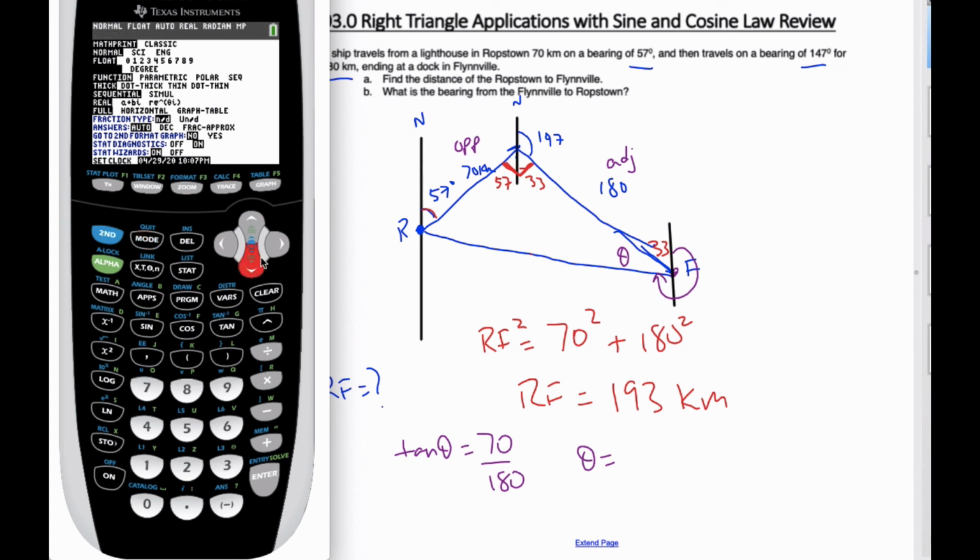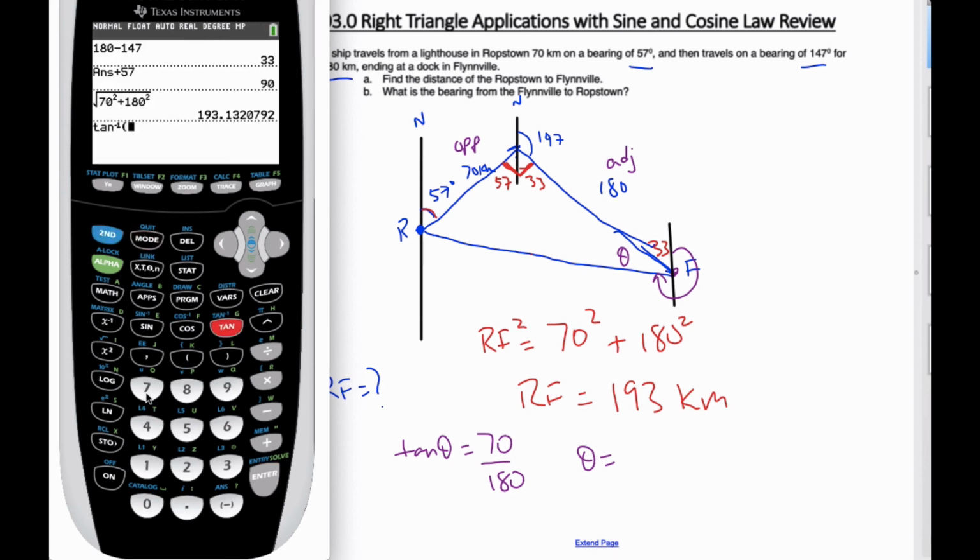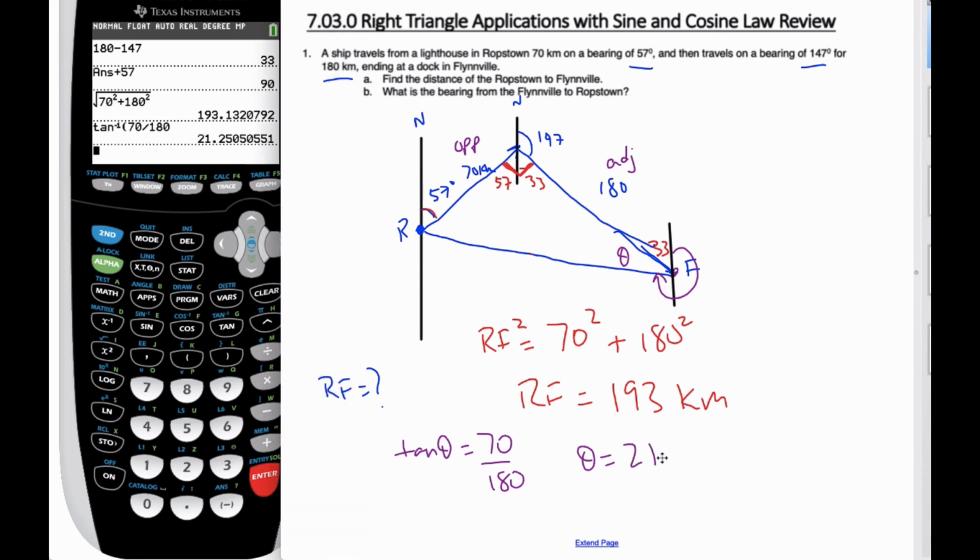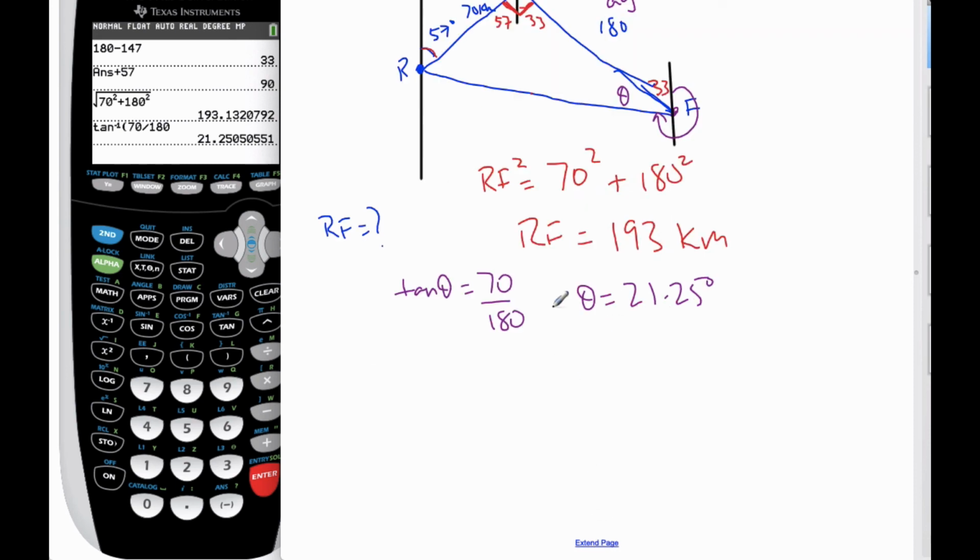I'm going to keep it in degrees because typically triangle trig is in degrees. And I'm going to go second tangent of 70 divided by 180. And so theta is 21.25 degrees.